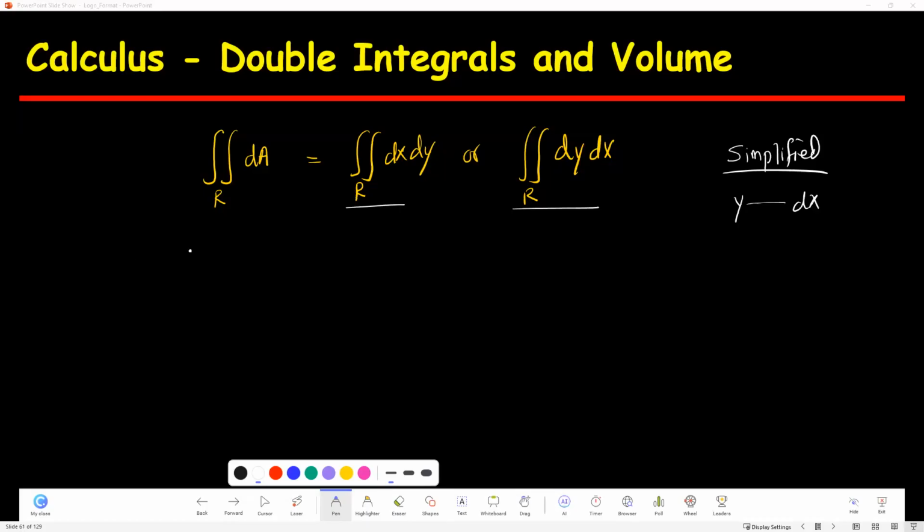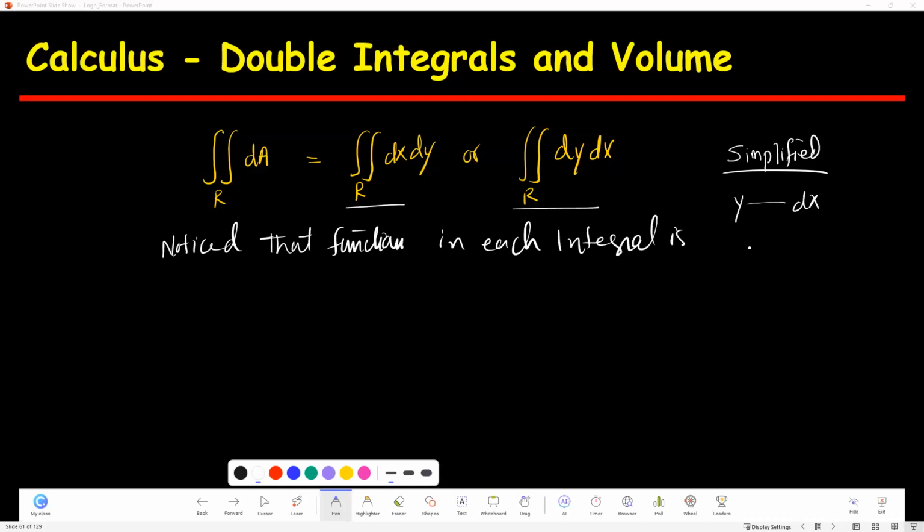Another thing we notice is that the function in each case is actually 1. If I'm saying that, it means there is really no function here but 1.